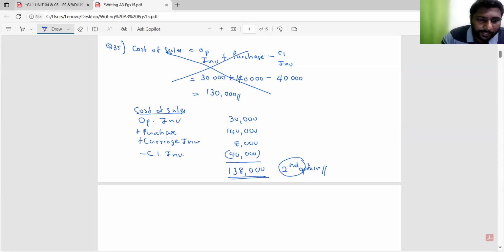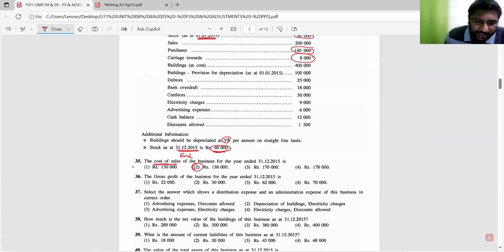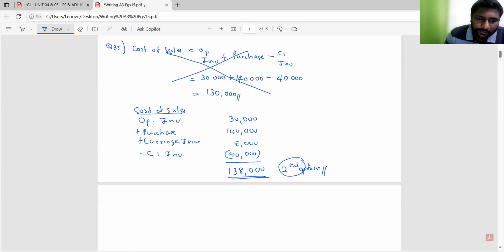Okay. Now let's move to question 36. What is the gross profit of the business? They're asking us to calculate the gross profit. So how to calculate the gross profit?